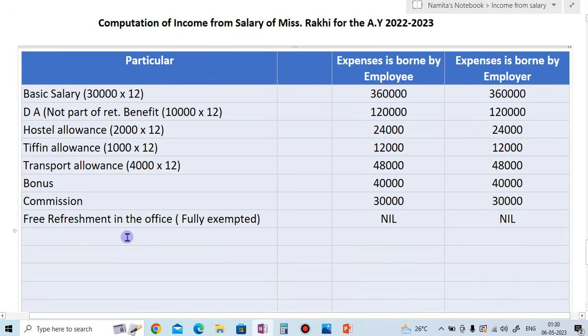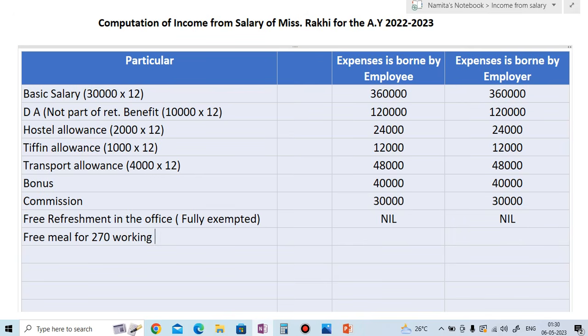So here write free meal for 270 working days and per meal is rupees 300. Okay.